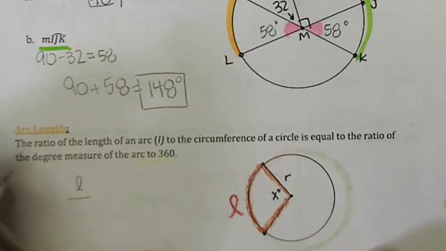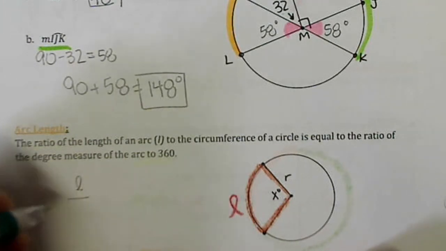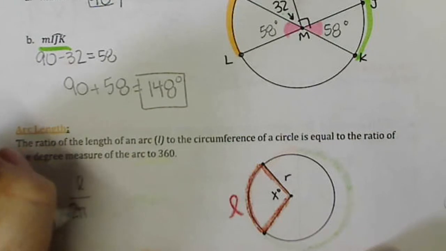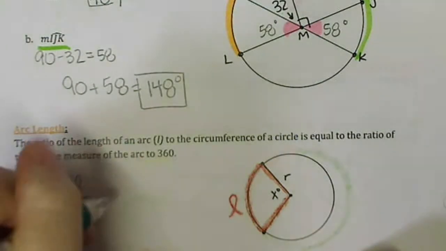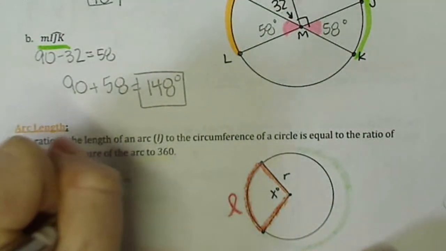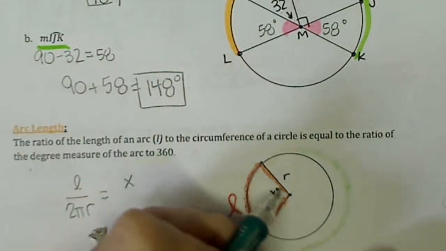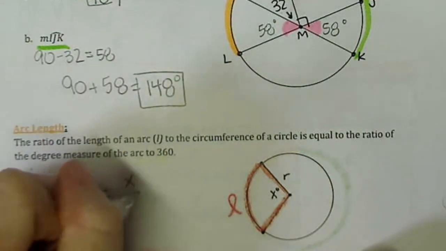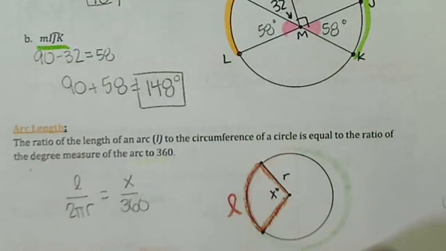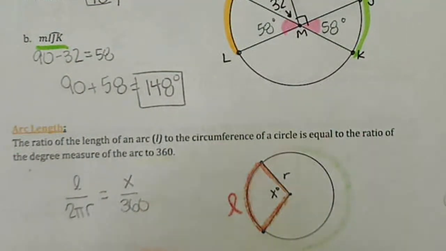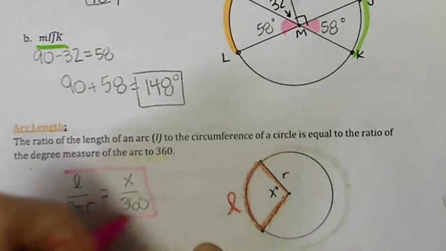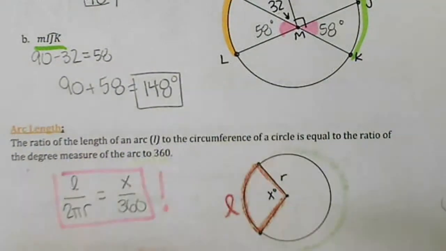The length is a ratio of the circumference. So circumference is 2 pi r, and it's always going to be equal to x, which is however many degrees, over 360. This proportion is very important to remember. You need to remember it, okay?